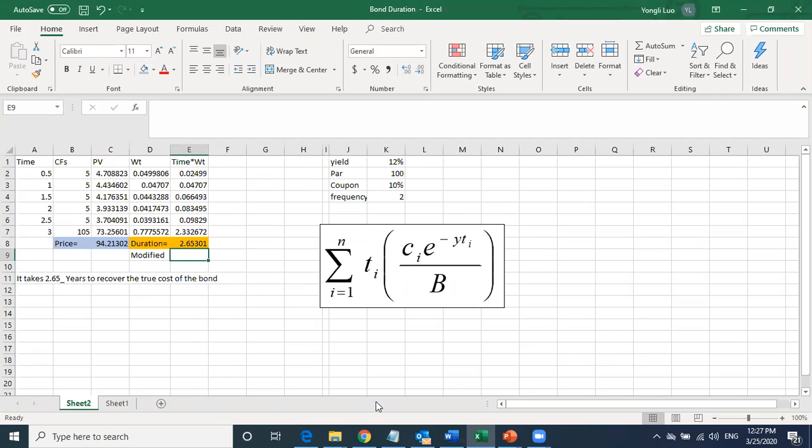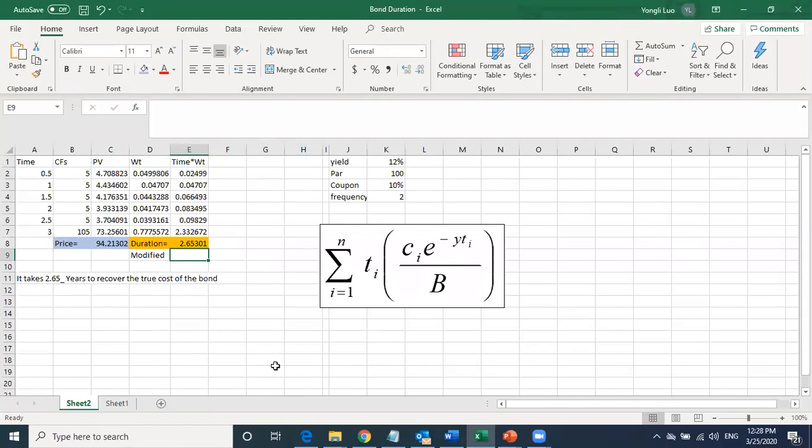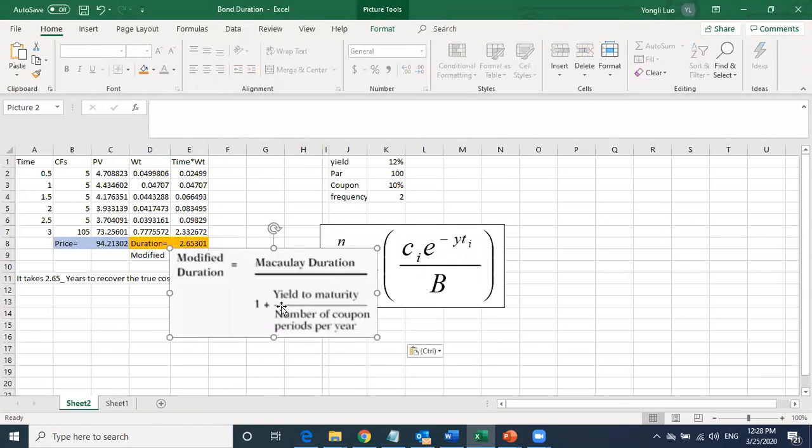So let's see what the modified duration is.